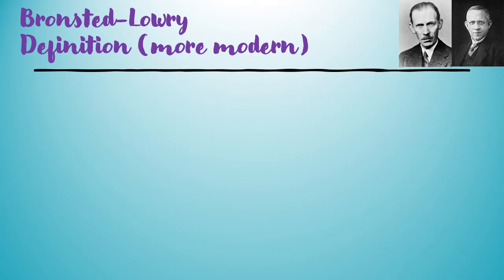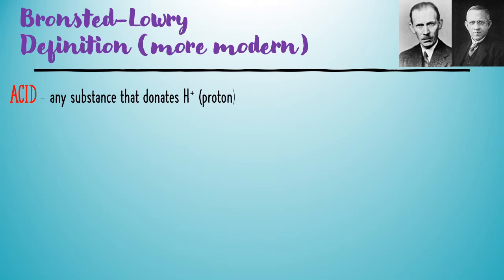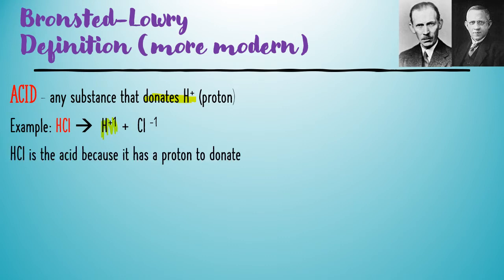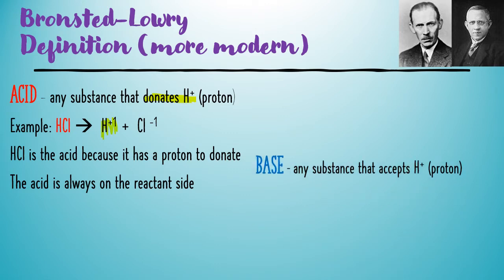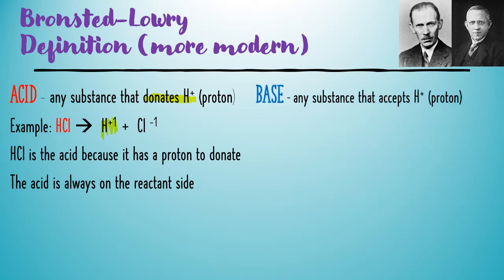The Bronsted-Lowry definition. This is a more modern definition and it can be a little confusing. So an acid is any substance that donates or gets rid of H plus, or proton. So HCl is still an acid. It gets rid of the hydrogen. Bases are any substance that accept H plus.